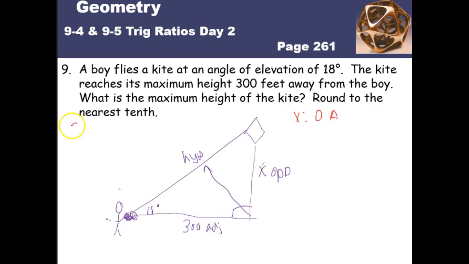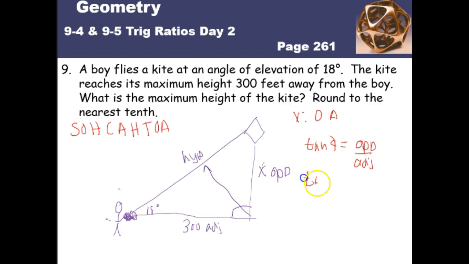That tells me I'm using tangent, because in SOHCAHTOA, opposite and adjacent is tangent. So I'm going to say the tangent of the angle is equal to the opposite over the adjacent. So the tangent of my angle 18 is equal to x over 300. Put it over 1, cross multiply, and I get x is 300 times the tangent of 18.